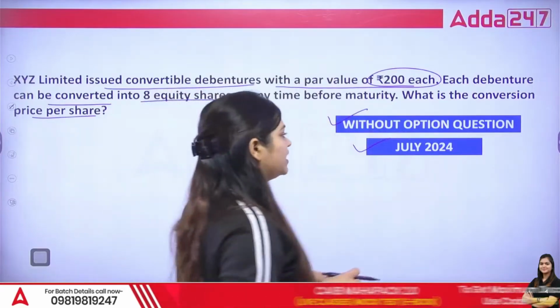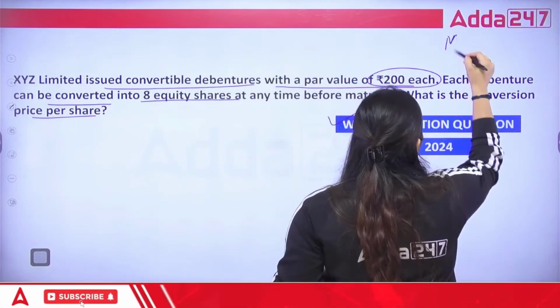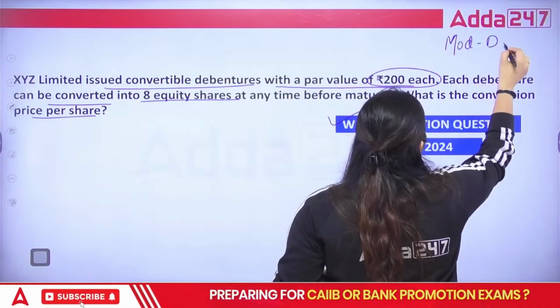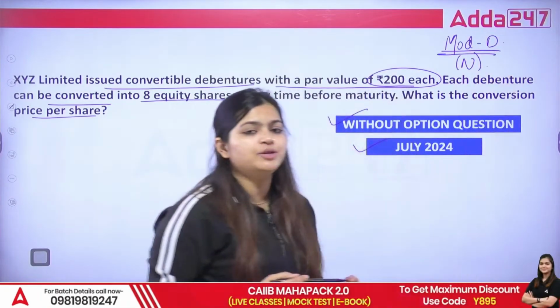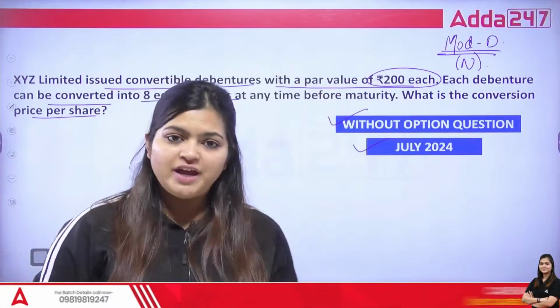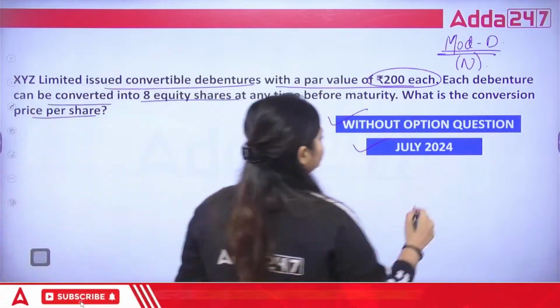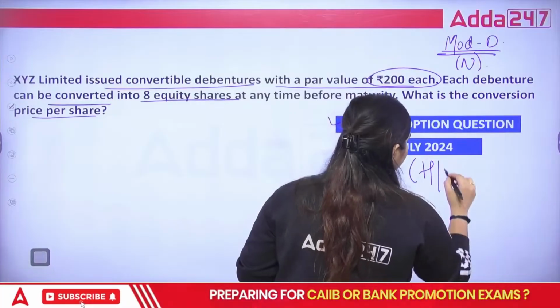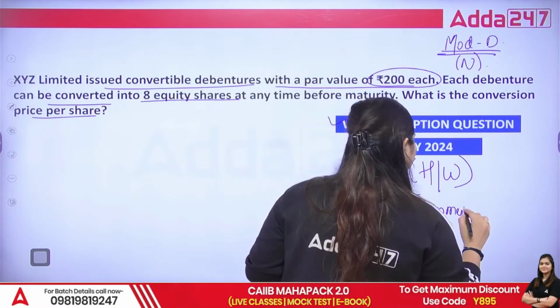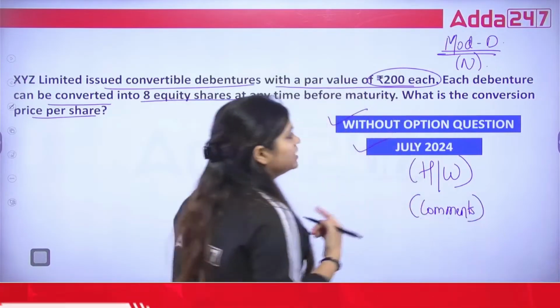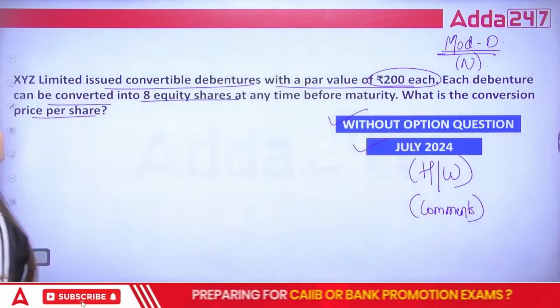This topic is again from your module D, hybrid finance. In module D, this is the only numerical part, in which you need to calculate conversion price or conversion ratio. So now this is your homework question, everyone. Please solve this and share your answer through comments. Let's see how many of you can solve this and calculate this particular question.